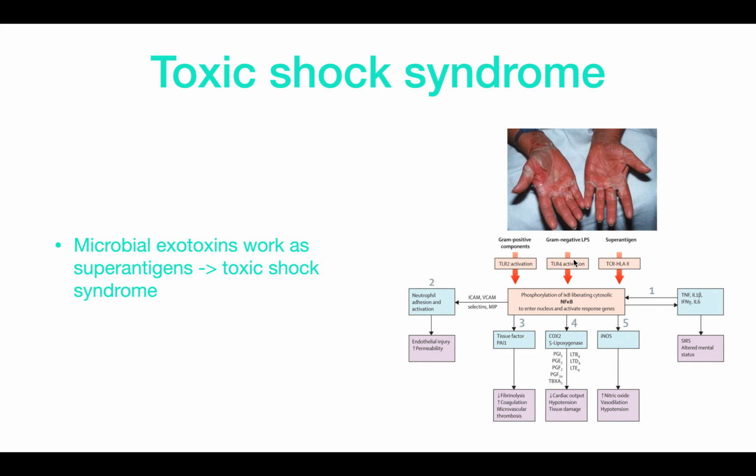Also, that will combine, that will activate TCR-HLA2, and then that's going to release a lot of factors. So the danger is going to be the hypotension, the hypoxic tissue damage, and cardiovascular failure.